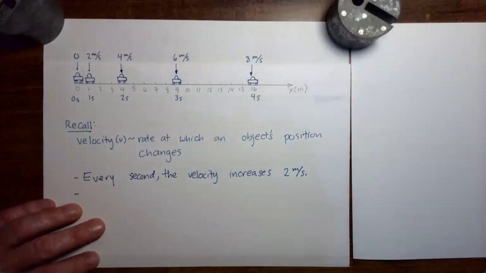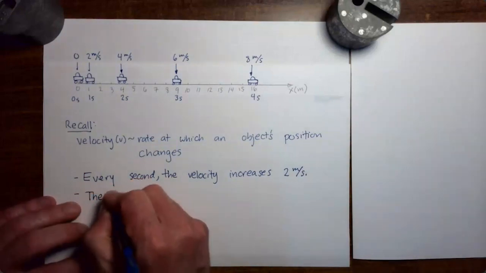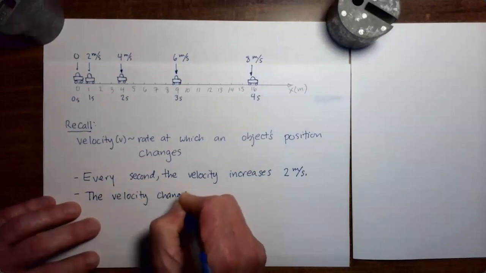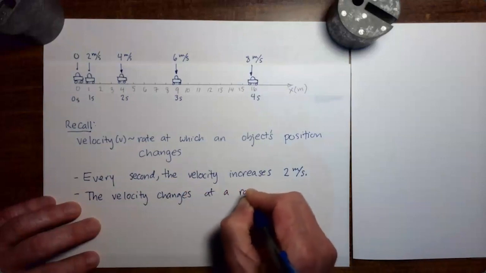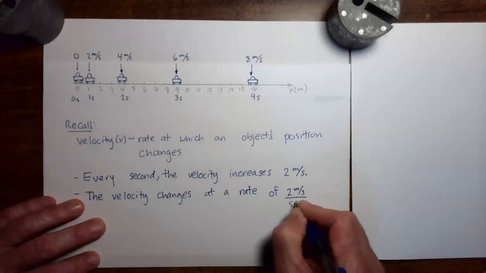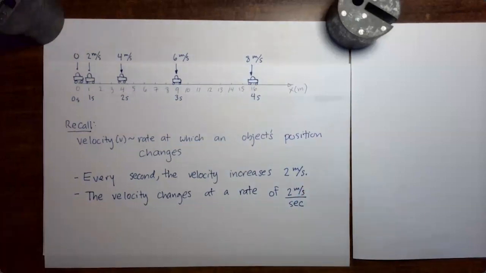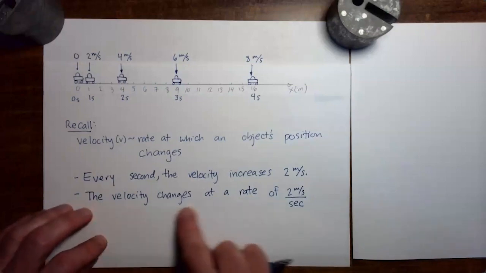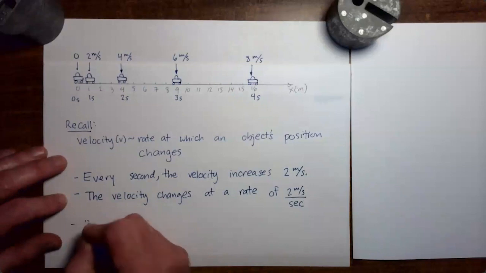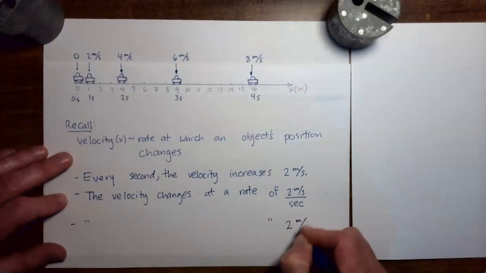Let's say that the velocity changes at a rate of 2 meters per second per second. Now, if the velocity changes at a rate of 2 meters per second per second, could we also say that the velocity changes at a rate of 2 meters per second squared?